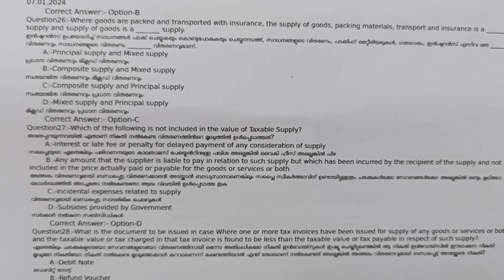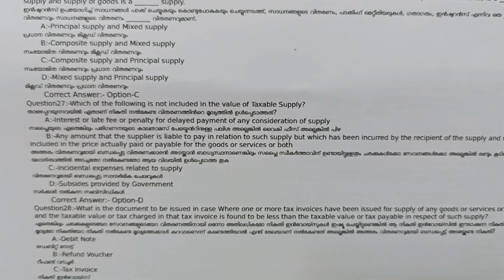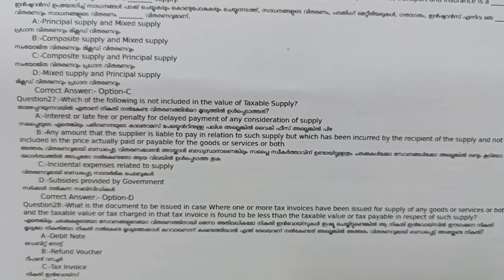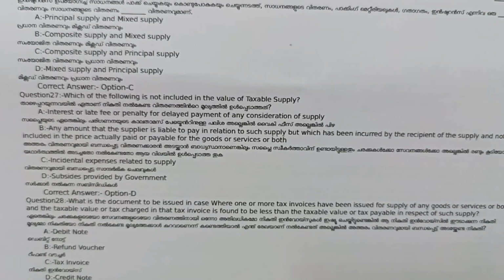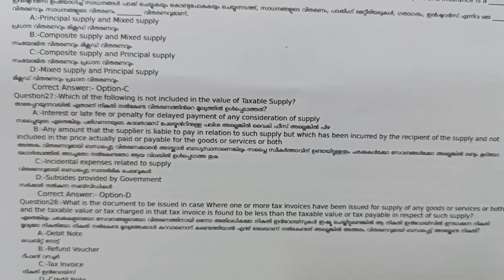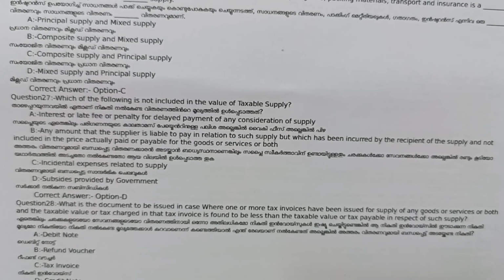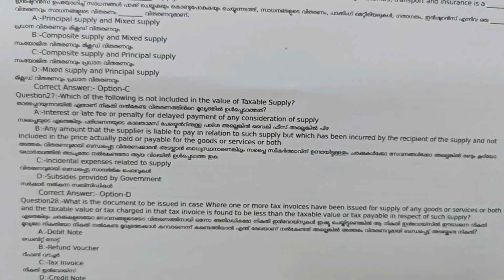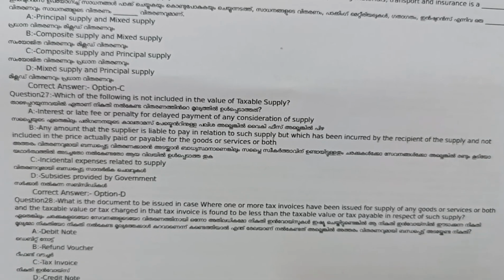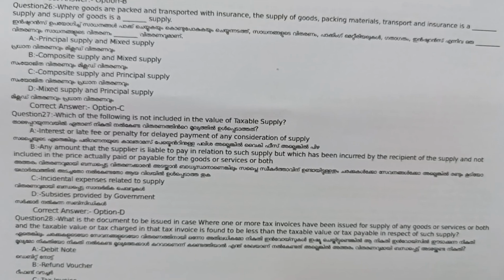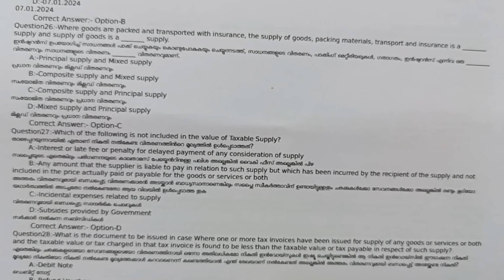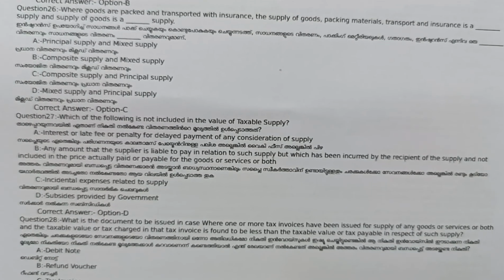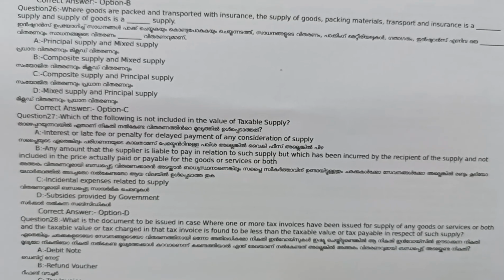Question number 27. Which of the following is not included in the value of taxable supply? Option A, interest or late fee or penalty for delayed payment of any consideration of supply. Option B, any amount that the supplier is liable to pay in relation to such supply but which has been incurred by the recipient of the supply and not included in the price actually paid or payable for the goods or services or both.